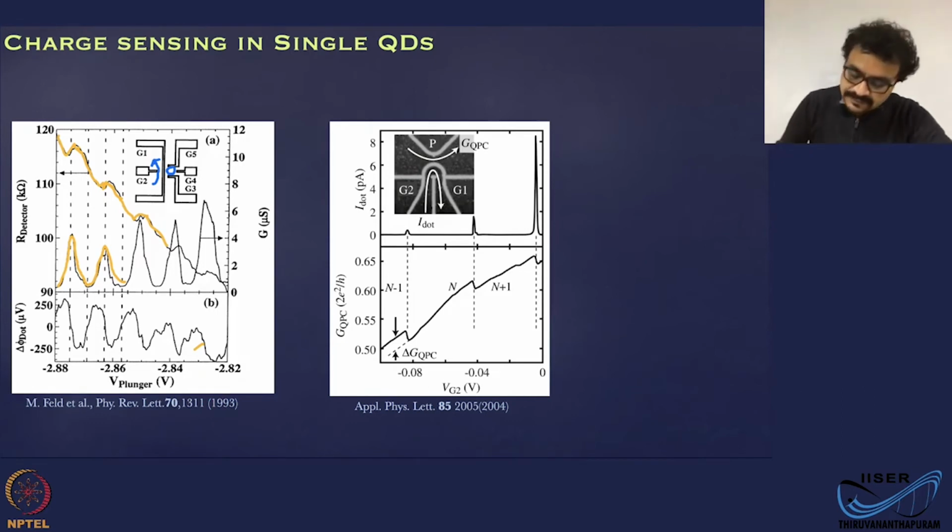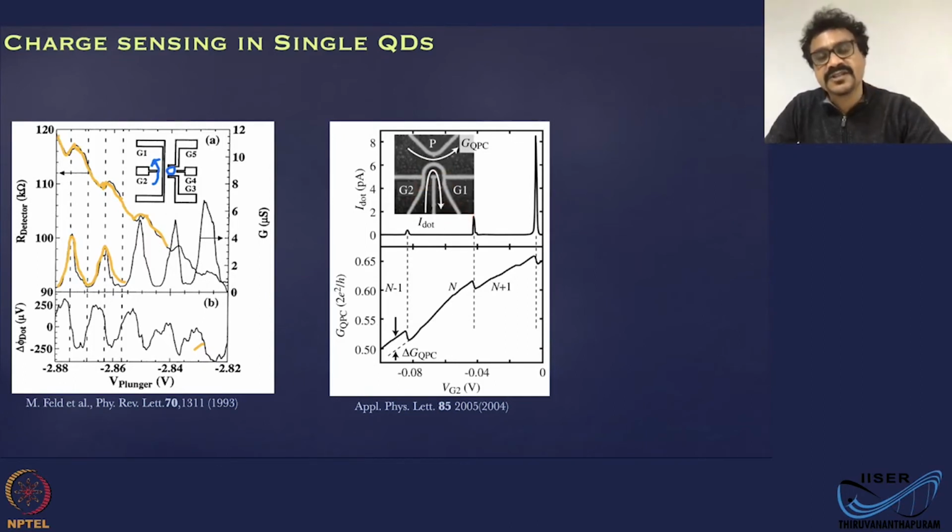This is another example where you have a quantum point contact which is defined by a local oxidation technique on gallium arsenide, aluminum gallium arsenide heterostructure. And you have quantum dot, and you have a quantum point contact channel. And the Coulomb blockade oscillations of the quantum dot is shown here.